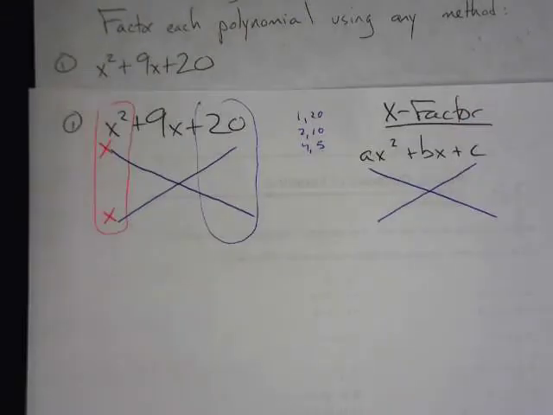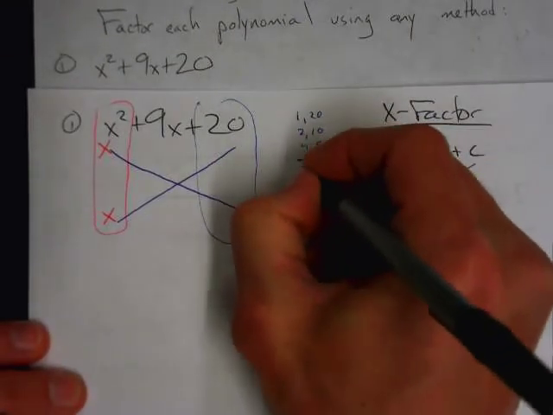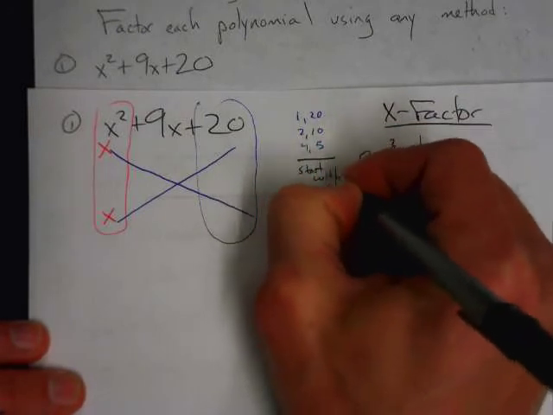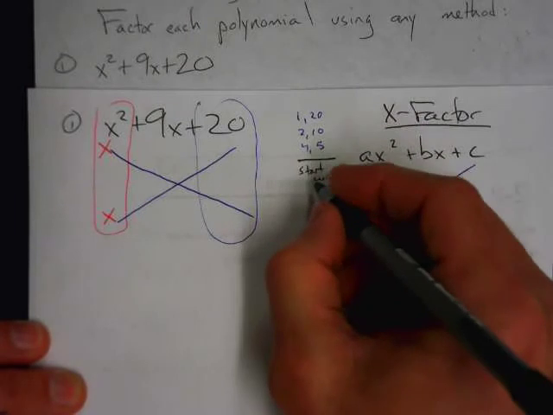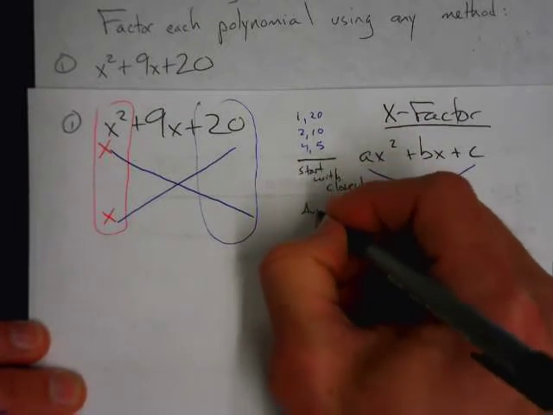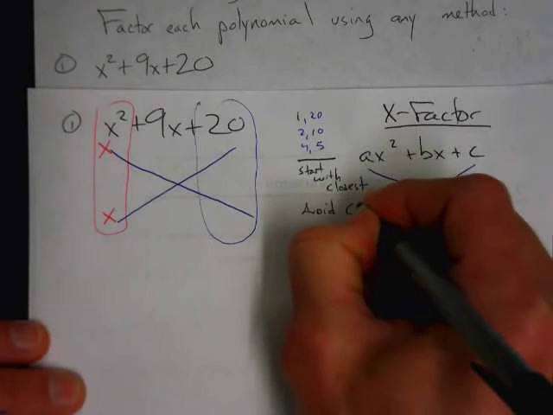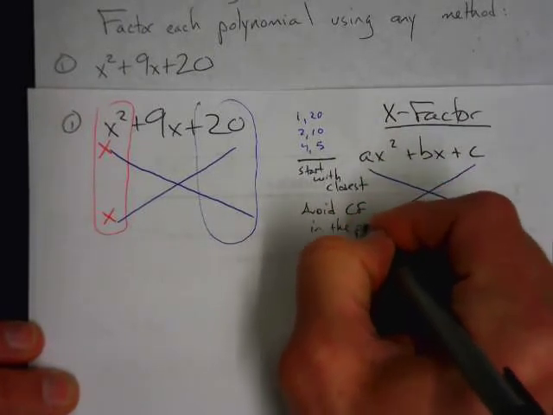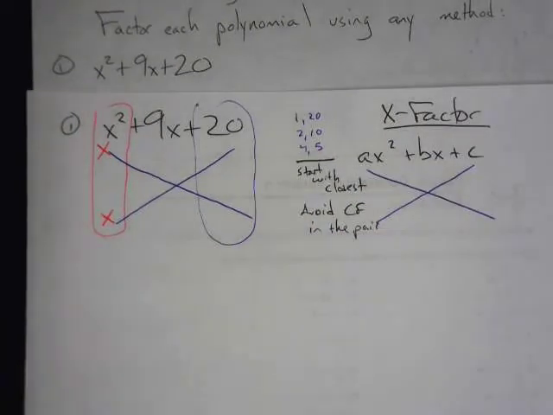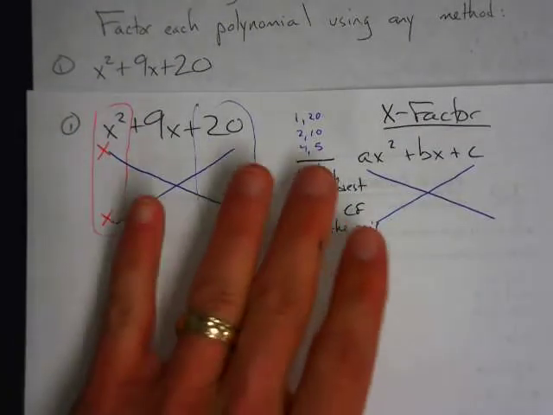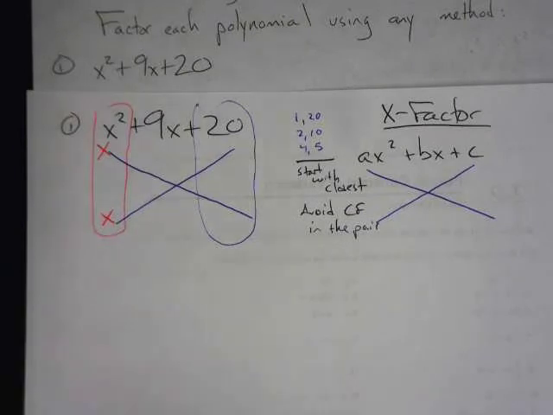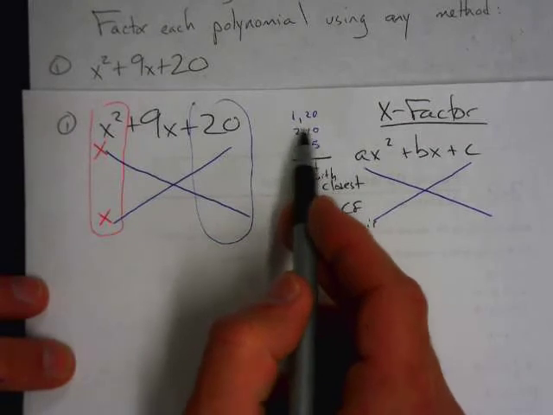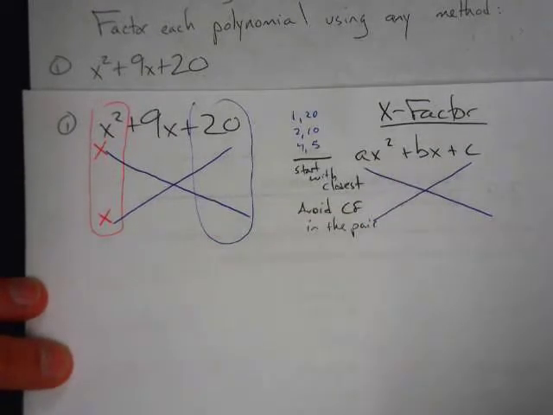So that's a little note: start with the pair that's closest together, and avoid common factors in the pair. 2 and 10 has a common factor of 2, so avoid that, but it might work.